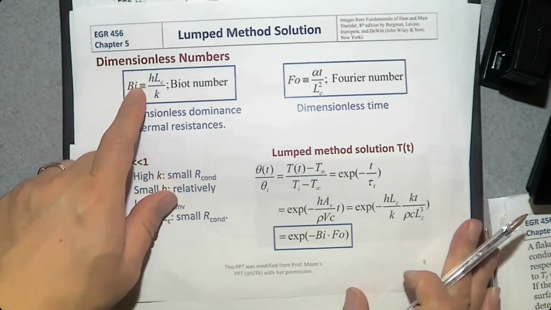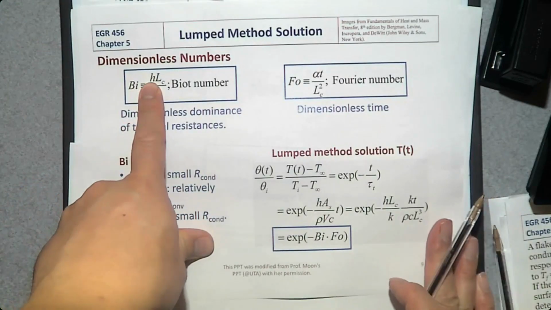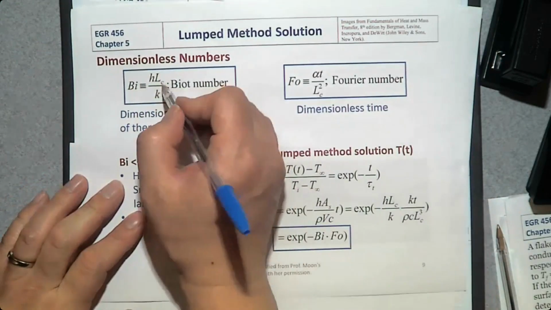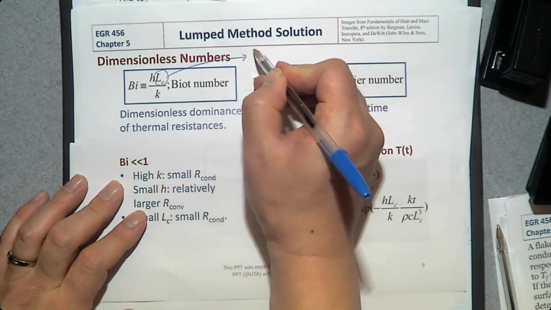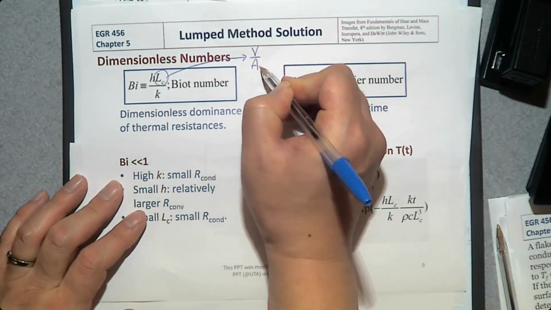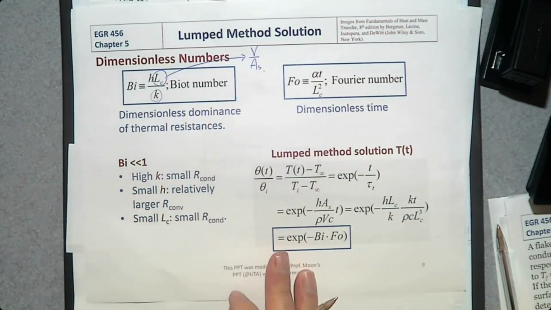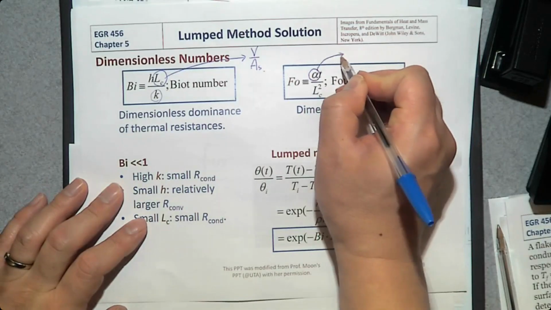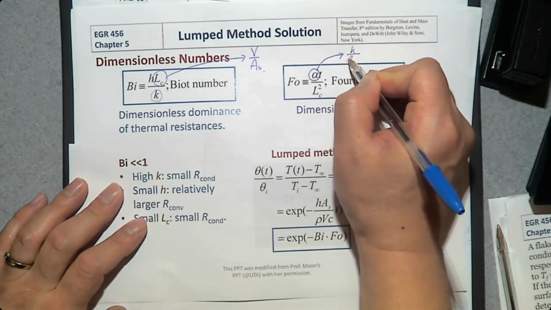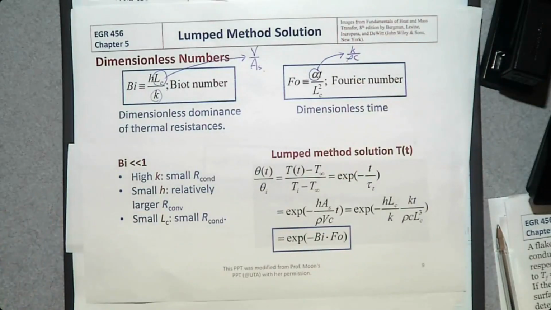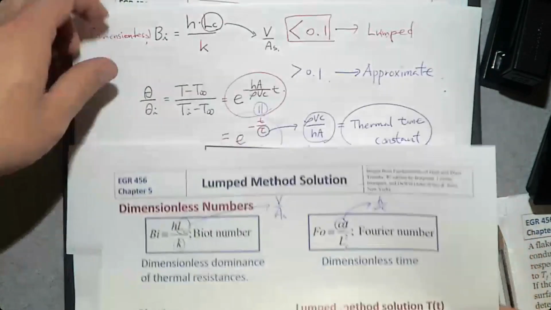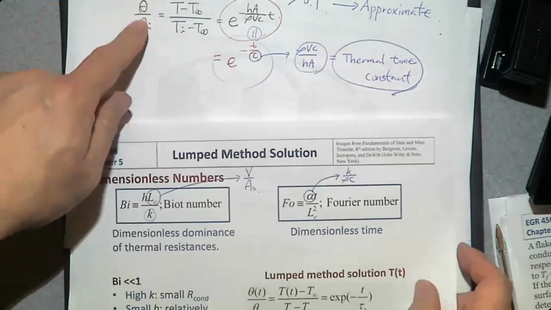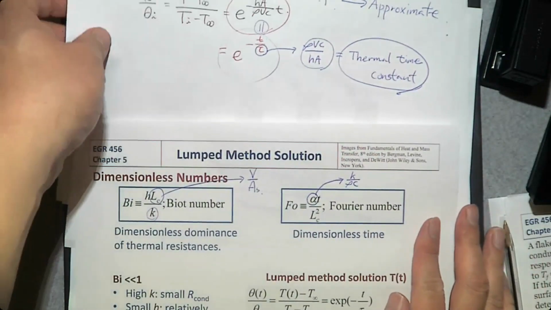So Biot number is h, convection heat transfer coefficient, times characteristic length, which can be determined by volume divided by surface area, divided by thermal conductivity. Fourier number is, on the other hand, alpha, thermal diffusivity, which is k over density times specific heat, times t over characteristic length squared. And by using these two numbers, you can simplify this governing equation.